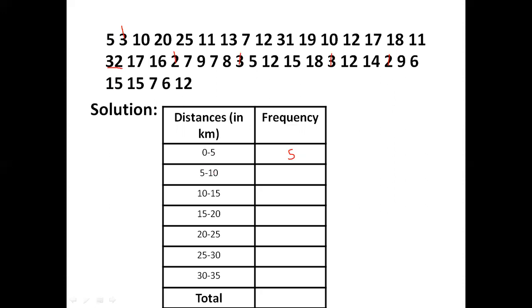Now from 5 to 10. Here we have 5, so this will be 1. Then here we have 10, but should I consider 10? No, I shouldn't consider 10 because that is the upper limit. So till now we have only 1.